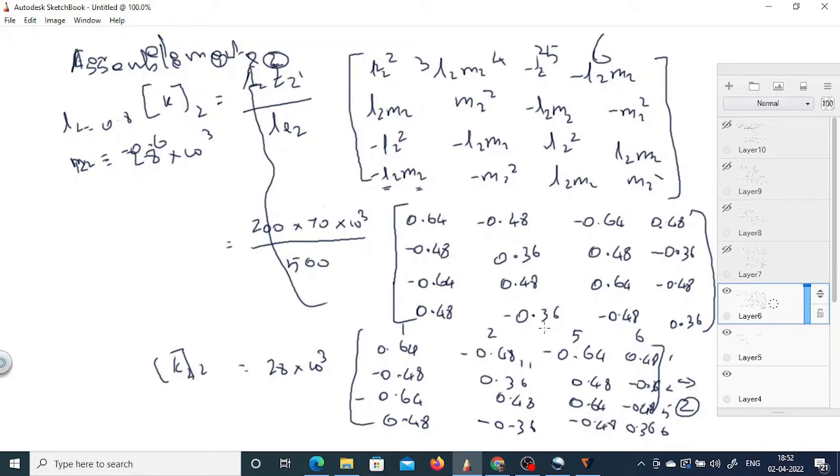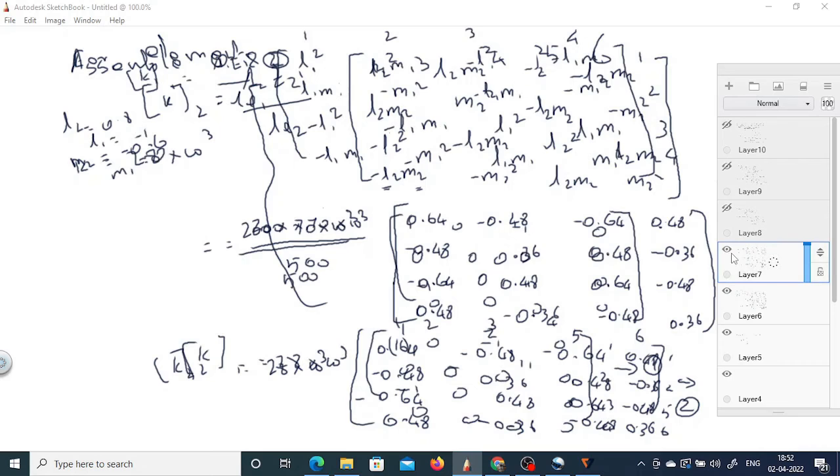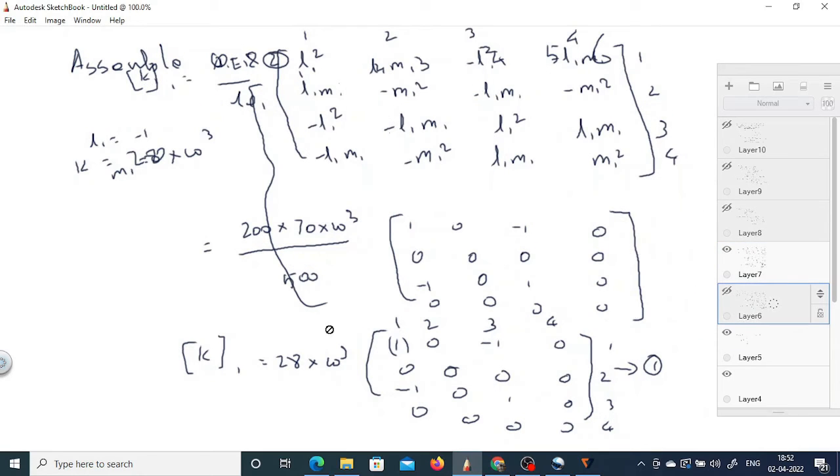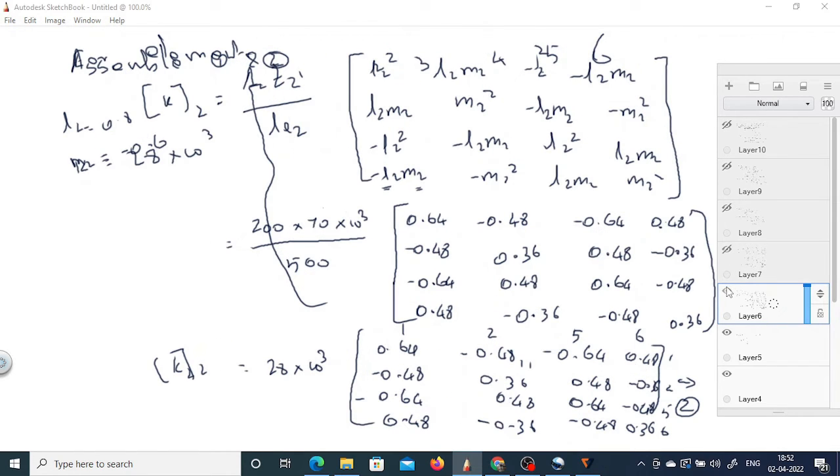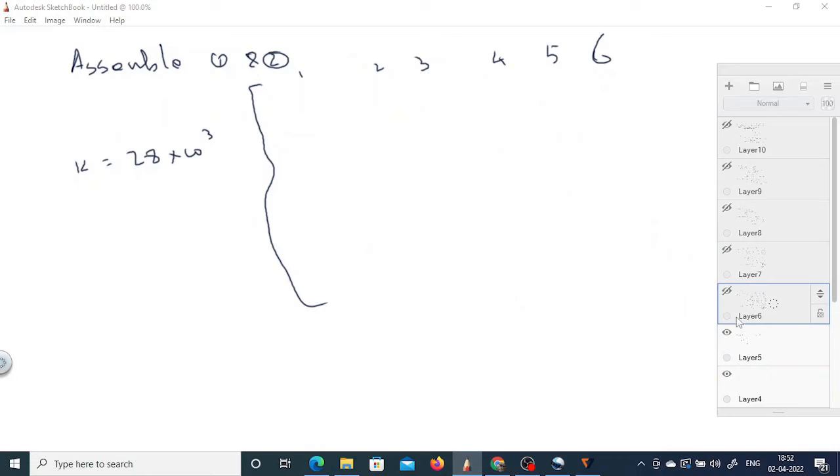Likewise, the first element is 1, and in the first of the second equation 0.64, so 1 plus 0.64. According to the second column, I add them with each other. In the second column 0 minus 0.48, you can refer again, and then minus 1.